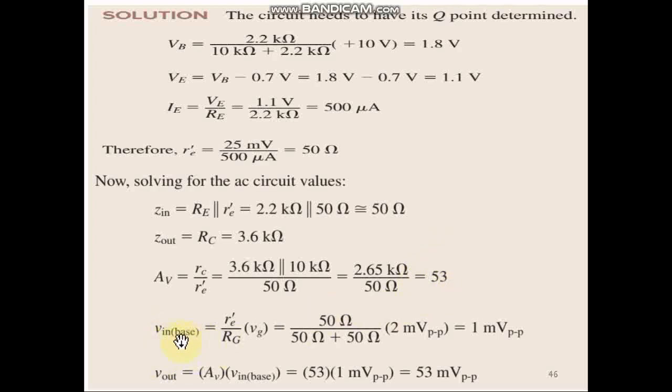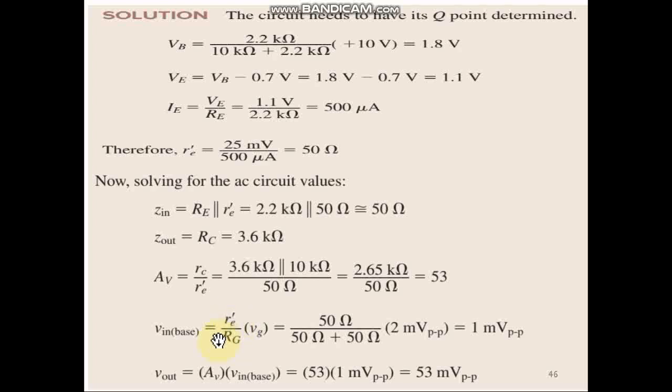Here there is a correction. V in emitter, because input is given to the emitter, is equal to RE dash upon RG into VG. Here also there is a correction. It is RE dash upon RE dash plus RG, because our input impedance is RE dash, so it becomes a voltage divider of RE dash and RG.